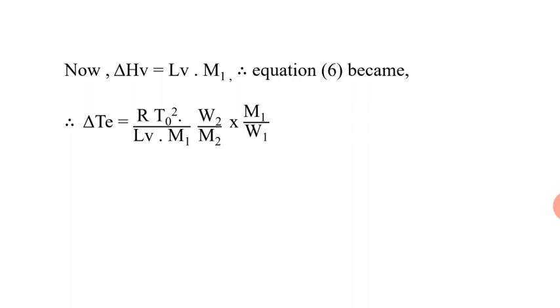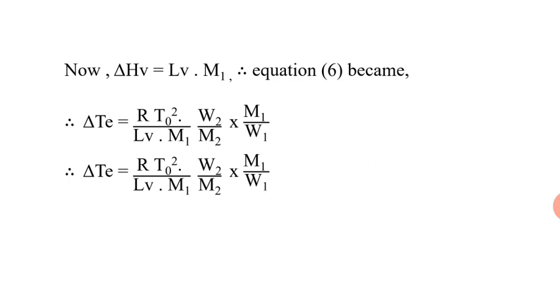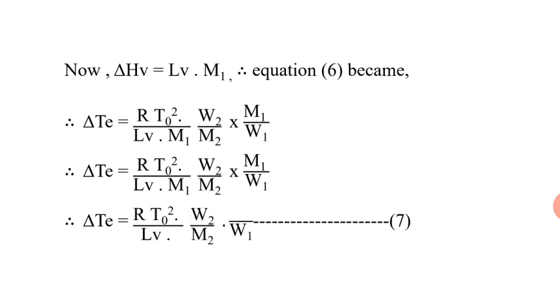Here M1 is present in the numerator and denominator and gets cancelled, and we get delta Te is equal to R T0 square into w2 upon Lv into M2 into w1. And this is our equation number 7.